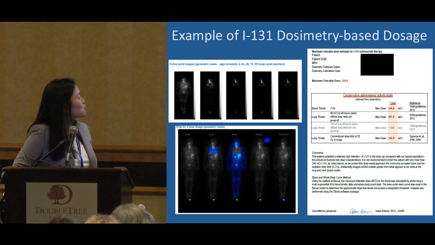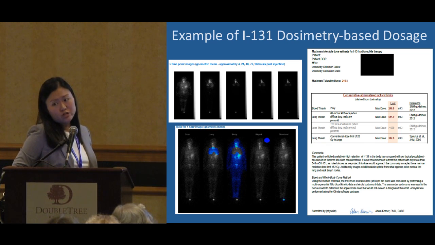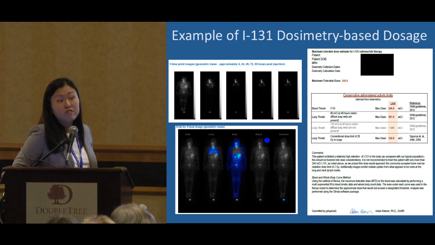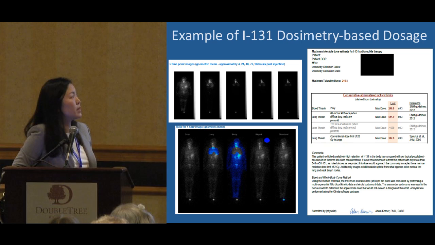And then we also draw what we call a region of interest in the area of the lung, because we know that if patients have no metastatic cancer in the lungs, we want to make sure we don't cause any radiation damage to the lungs. So we also do special calculations for the lungs. So we do all this, and actually it's done by our medical physicist who does all the calculations for us. And then he sends us a report. So this goes to the nuclear medicine physicians and to our endocrinologists who are taking care of the patient, and we decide together what the dose of radioactive iodine we're going to give this patient is going to be.